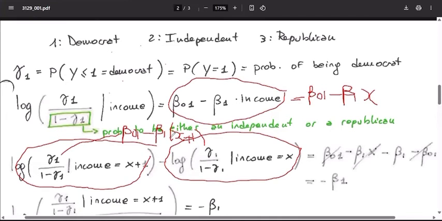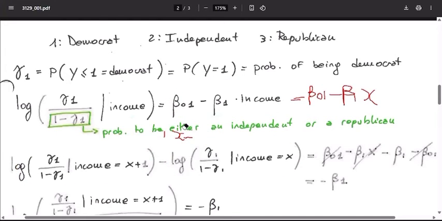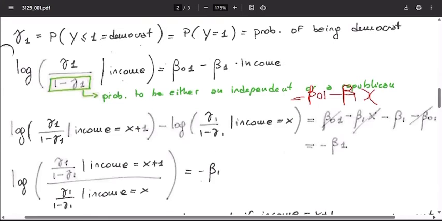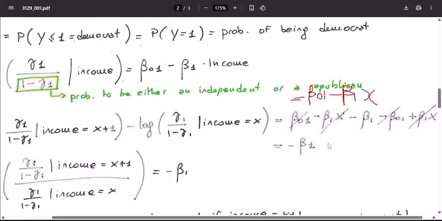So if I subtract them, at the end of the day, do you know when we did this for logistic regression the other time, what we got was a beta 1. But when we do it now, it is a negative beta 1. Why negative beta 1? Because there's a negative that comes naturally with this model. Is there any question here? There's a negative that comes naturally. Now you can see this gives a negative beta 1.